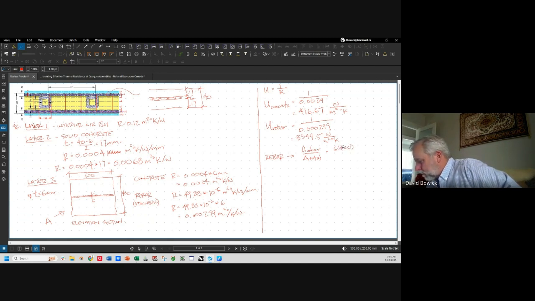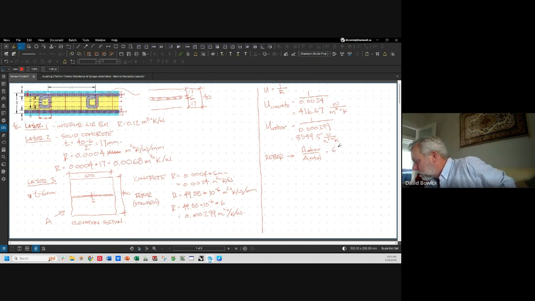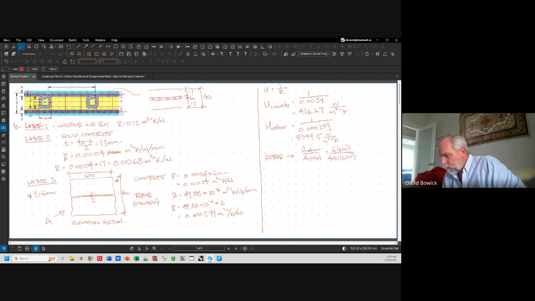Oh, sorry, 6 times 600, over 400 times 600. 6 is over here. That's the thickness of the rebar, 600 long. That's the area of the rebar when I cut through the vertical cut. Divided by 400 times 600, that's the area that I'm considering.